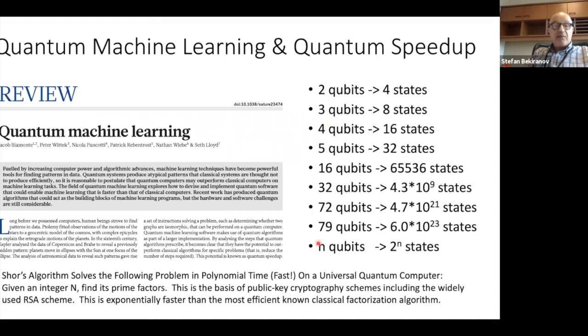Generally, n qubits correspond to 2 to the n states. I mentioned genomics, which is of interest to us, and there are about 3 times 10 to the 9 letters in the human genome. So you can operate on 32 qubits as opposed to 10 to the 9 states directly, and execute operations on 32.